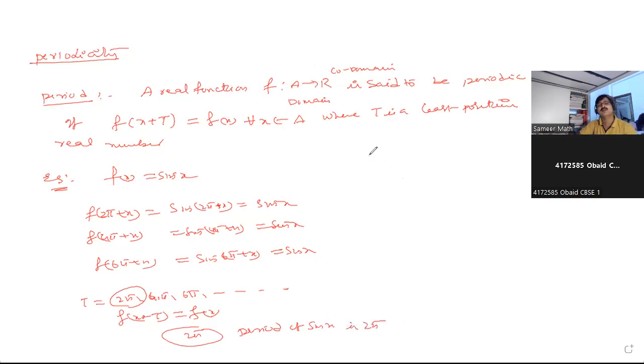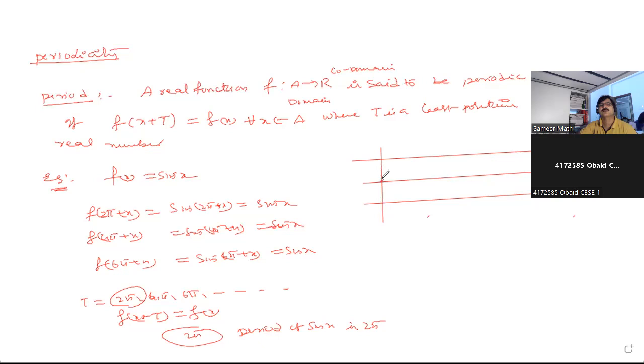Right. Another, I'll try my level best to explain this with the help of a graph also, so that you will get total clarity. You see this? I've taken it here like this. I'm trying to draw the diagram for the right side, for better understanding.